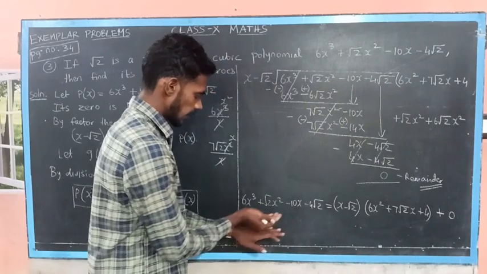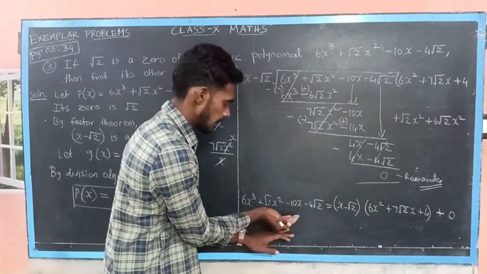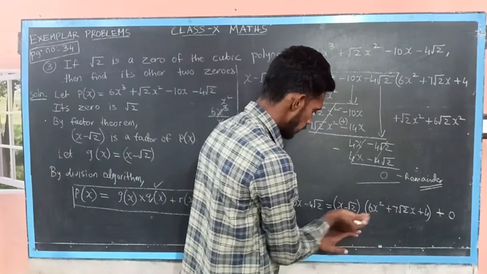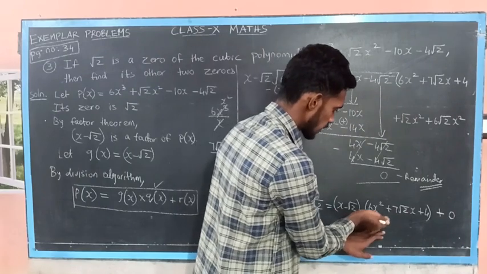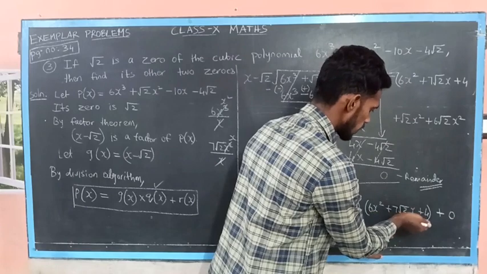Okay. So the given polynomial p of x can be represented as the product of x minus root 2 and 6x square plus 7 root 2 x plus 4.